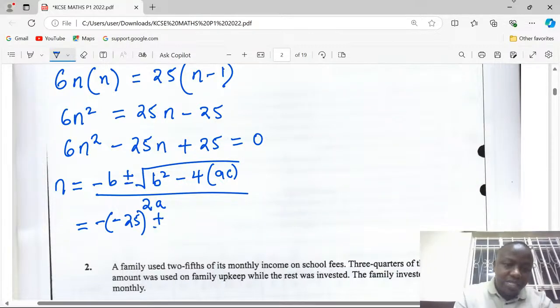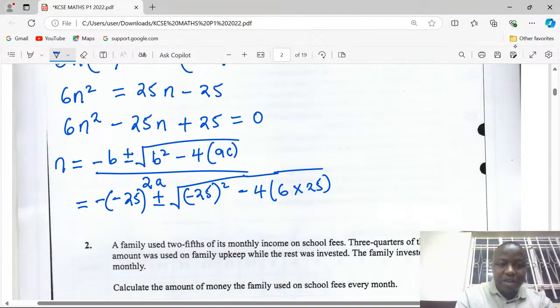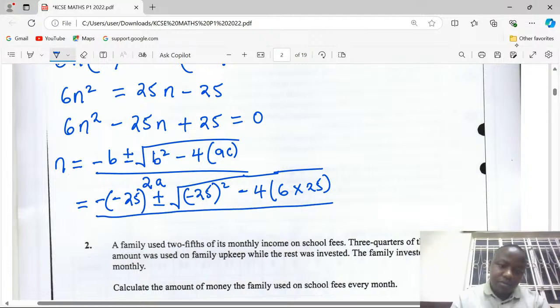Then we add and subtract the square root of negative 25 squared, then minus 4 multiplied by a, which is 6, and c, which is 25. Then we divide everything by 2a. The value of a is 6.